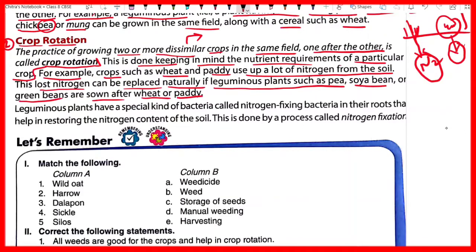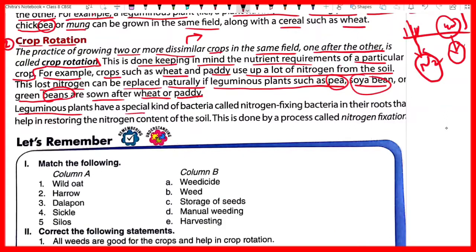Whatever we have discussed here, pea plant, soya bean, green beans, are nothing but dicots, and wheat and paddy are nothing but monocots. So just keep in mind, in one season we sow the monocot, and in the other season we sow the dicot plant, in order to maintain the fertility of the soil and nutrient content.